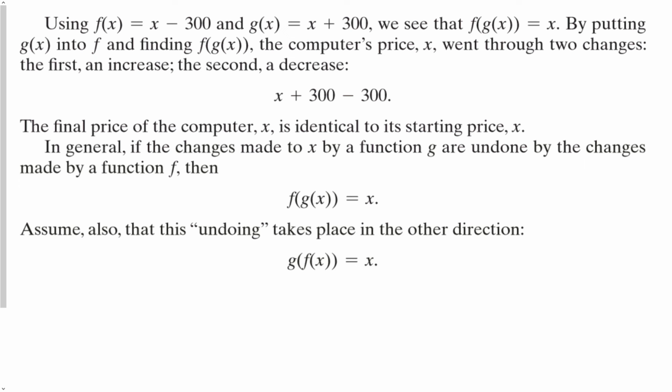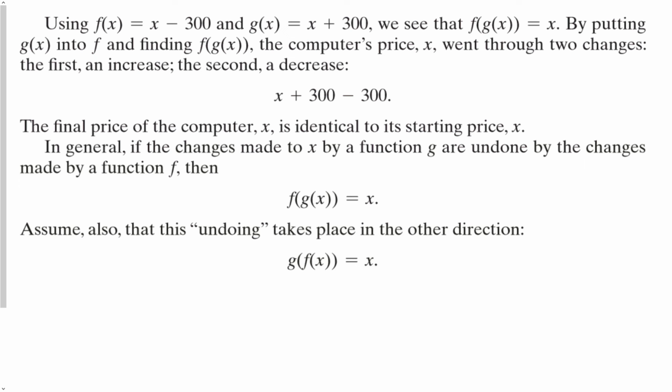By putting g of x into f and finding f of g of x, the computer's price x went through two changes, first an increase, then a decrease. First we added 300 and then we subtracted 300, so the final price of the computer, x, is identical to its starting price.